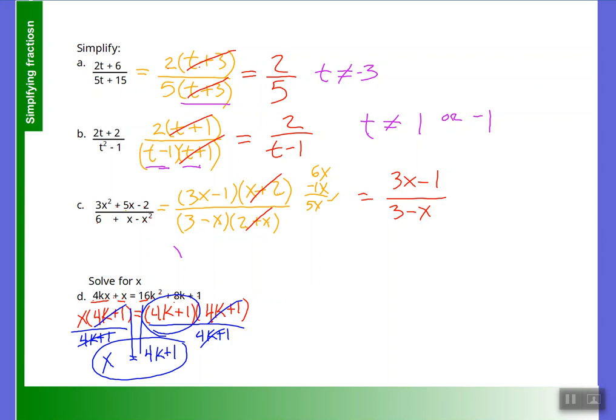What will make this binomial turn to 0? Say it, it's on your right. Great. What's going to make this binomial 0? Negative 2. And so those, again, are called restrictions.